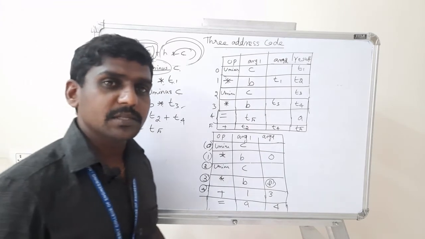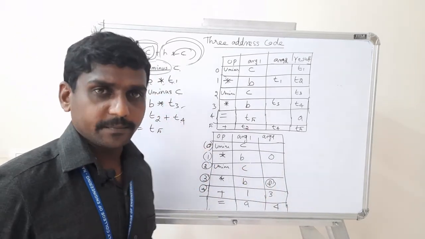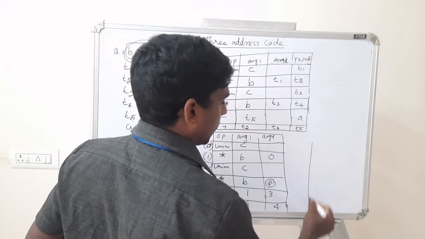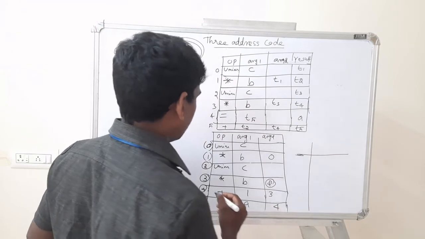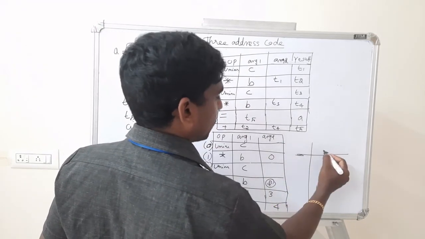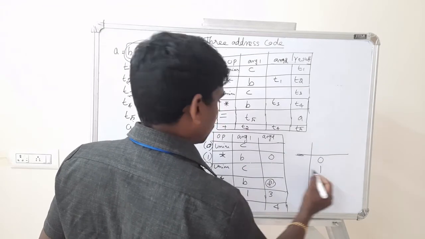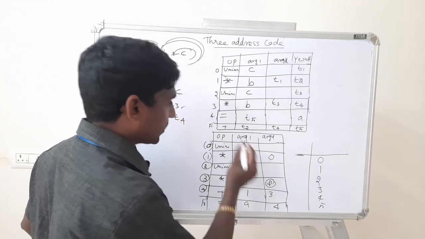And indirect triples, I told you, is the triples table plus a pointer. Additionally you have to mention a pointer. For example, 0, 1, 2, 3, 4 and 5 are memory locations in triples.